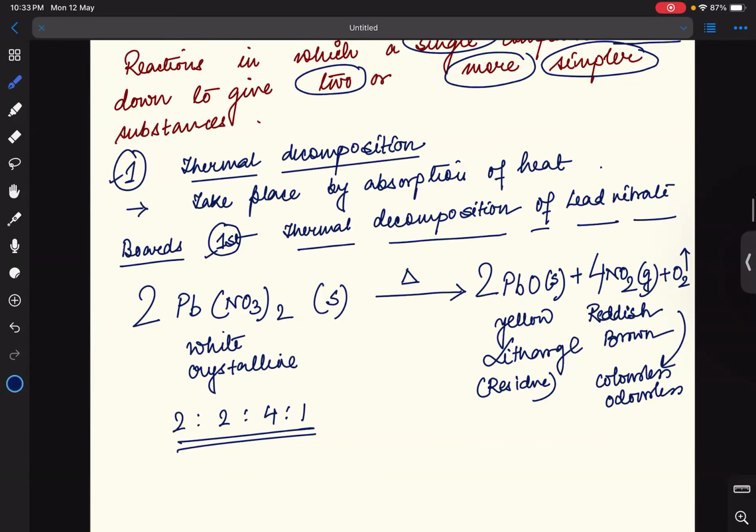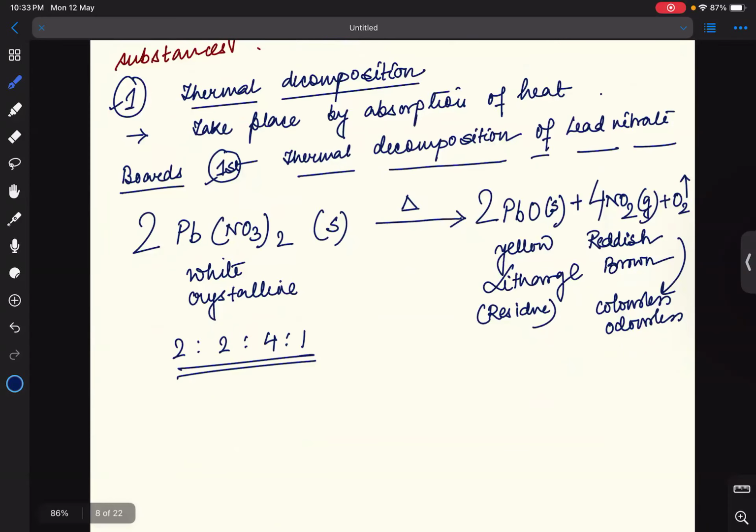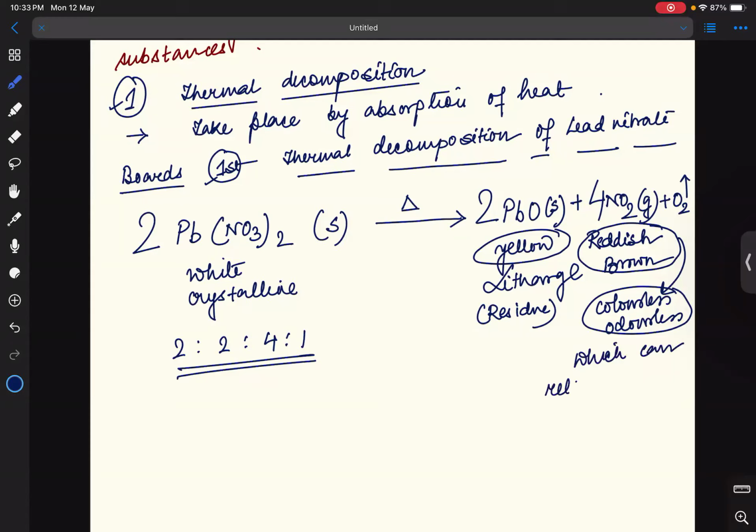So students, what are the observations over here? The first observation is we get a yellow colored residue with an evolution of reddish brown colored gas and a colorless odorless gas which can rekindle a glowing splinter.